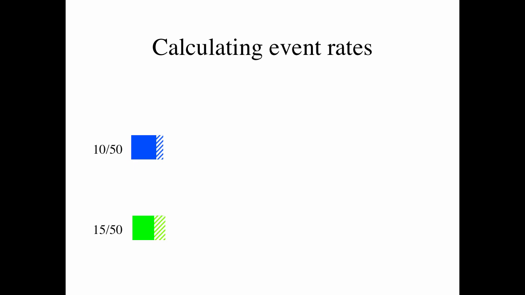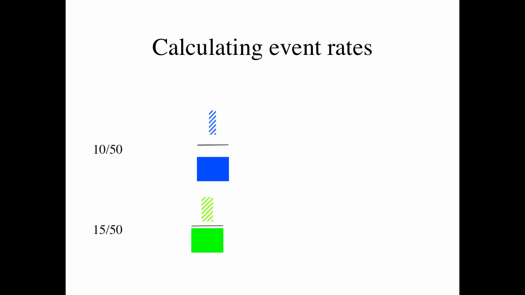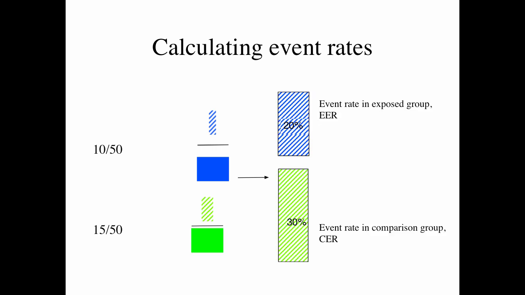So how can we express that? Okay, first of all, we take the number who had the event, we divide by all those in the group, and we do the same for the comparison group. This gives us two event rates. For the group receiving statins, we refer to that as the exposed event rate, EER.